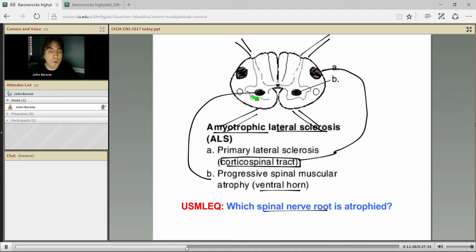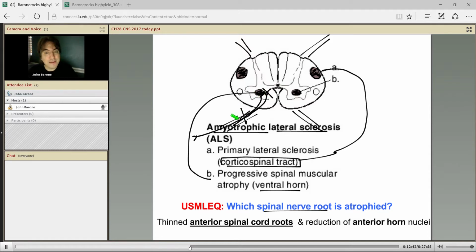Do you remember the motor neurons are here? Where are their axons? Well, it goes out the anterior, right? So there's the cell body, and then the axon goes out this way. Well, if the neuron dies, so does its axon. So you're going to see atrophy of the anterior or ventral spinal cord roots, in addition to the anterior horn.